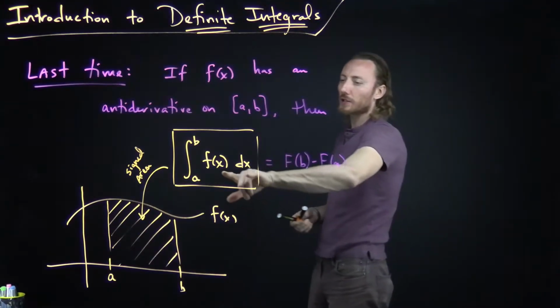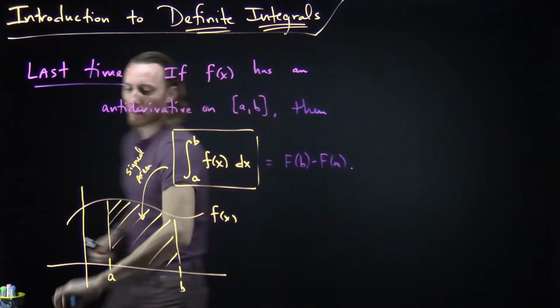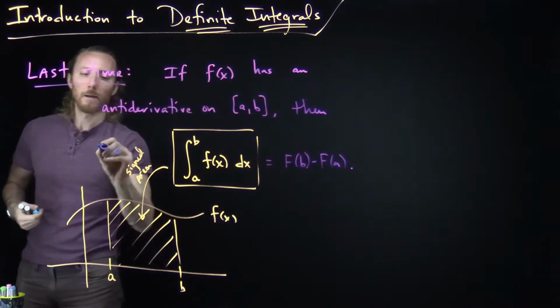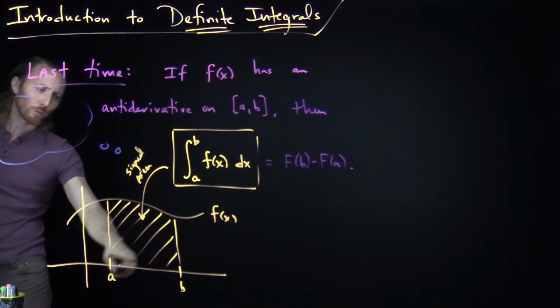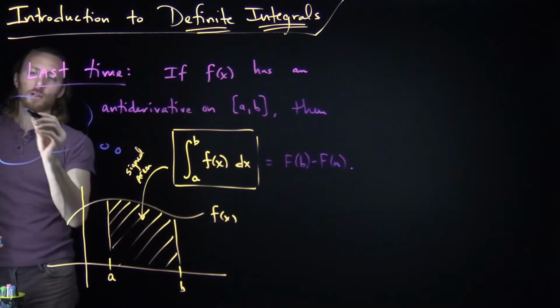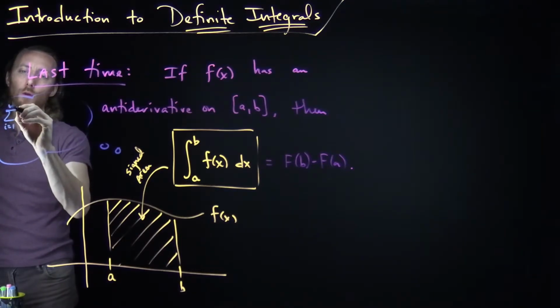Where does this notation come from with this f of x dx? Let me just draw a bubble of thought. The idea is whenever we were running our approximation using rectangles, we had a summation that would look something like this.